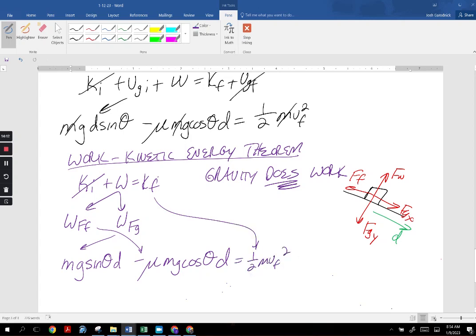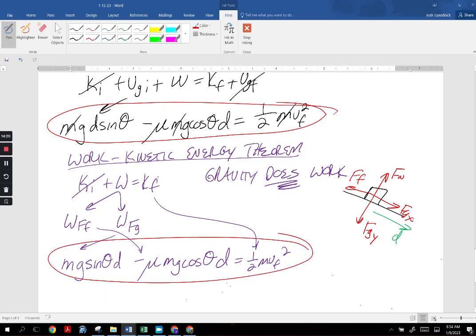Now, check this out. This is why I don't get it, but this and this are the same exact equation. The whole point is you can either say gravity is a form of energy, which is just mgh, or you say that gravity does work and applies a force of FGX, which is mg sine theta, over a distance.